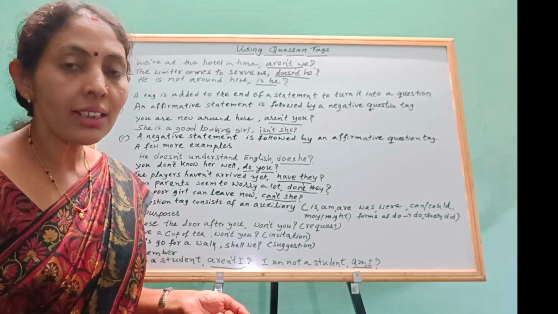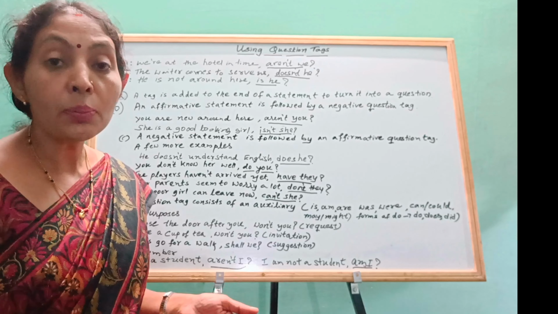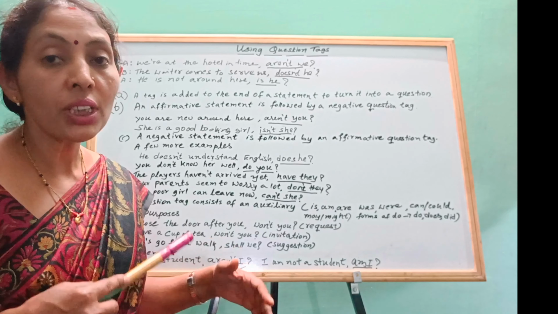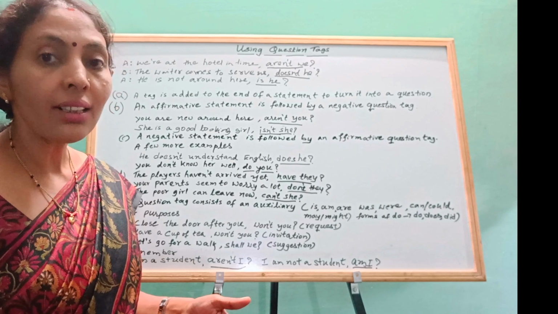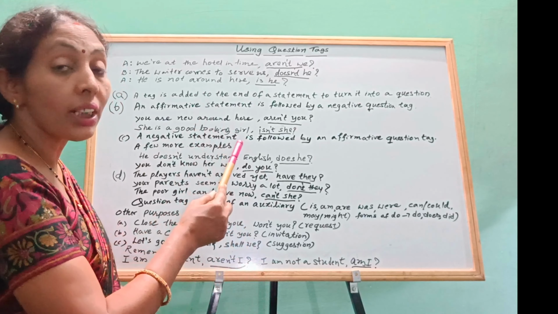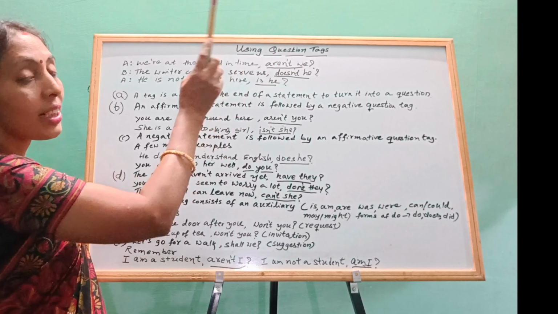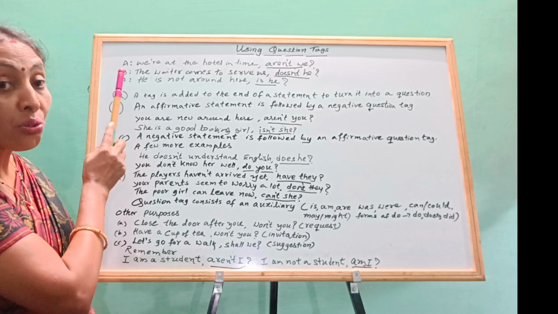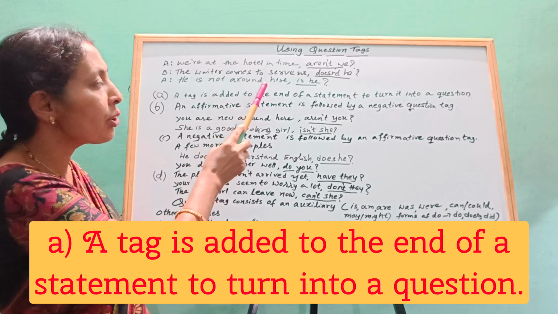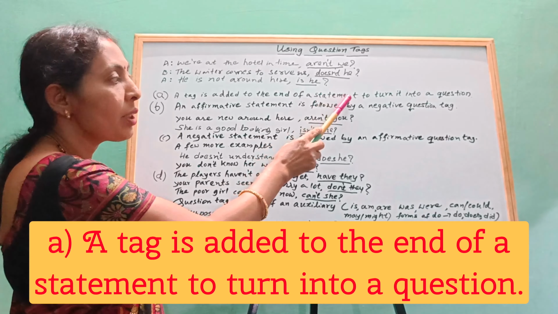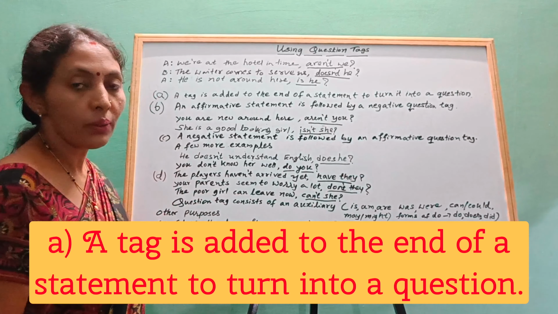Dear students, I'd like to explain to you how the question tags are formed and used, so we need to check the rules of the question tags. The first rule says a tag is added to the end of a statement to turn it into a question.